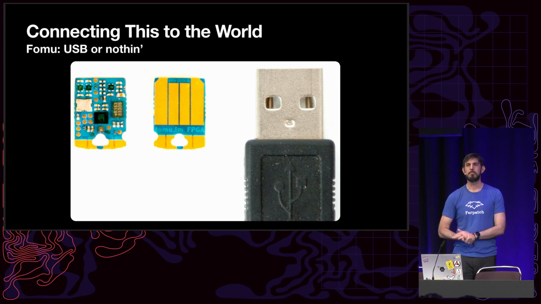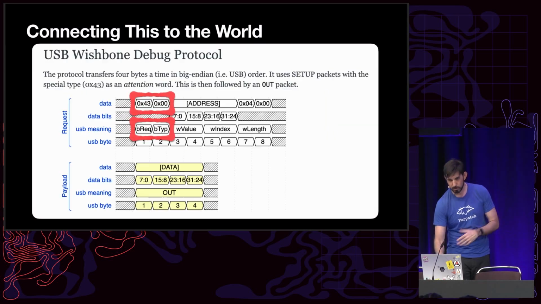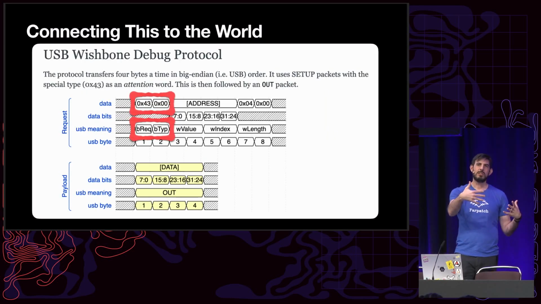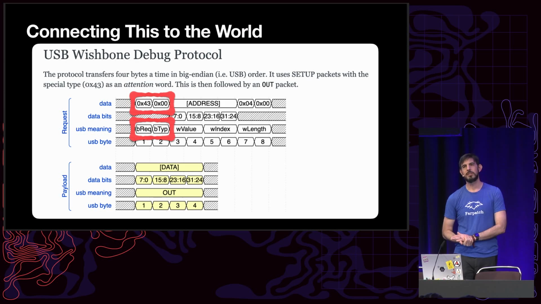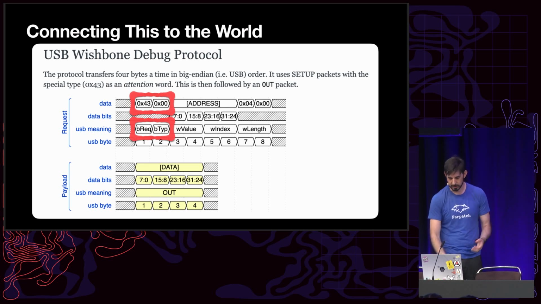Well, on Fomu, we basically only had USB. So what we did was use some of the unused opcodes reserved for vendors in the USB packet, and we ended up exposing the entire memory bus over USB. So you can send this prefix on this command and then get access to all of memory. From here, we can access those 4 registers, and we could do everything to debug the CPU.